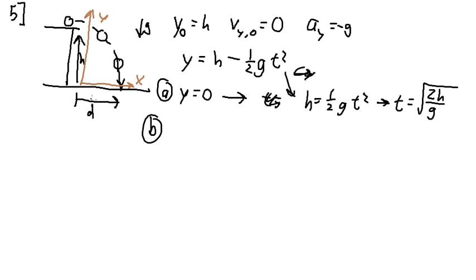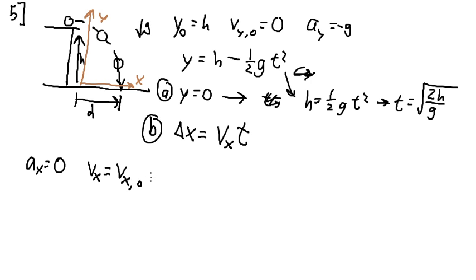Well, it covers distance d, so really we can just use delta x equals v sub x times the t it spends in the air. Because the acceleration in the x direction is 0, the velocity in x equals the initial x velocity forever. So x equals x naught, which was 0, plus v sub x naught times t.